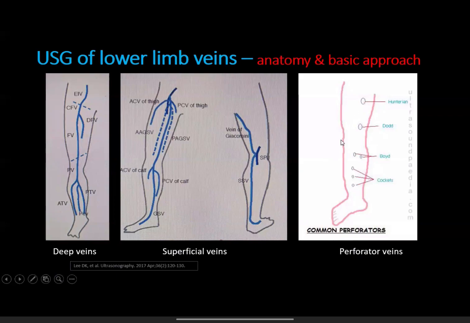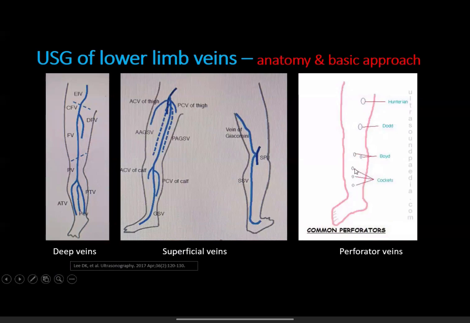There are certain perforator veins along the entire superficial venous system, and they drain into the corresponding deep veins. These are the lower leg or the above-ankle perforators. These are 3 in number. Their number and location can be slightly variable.